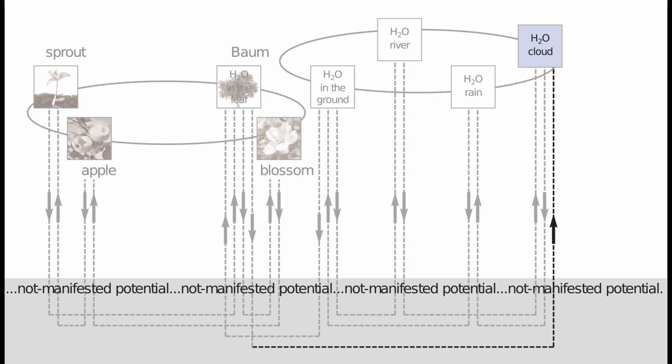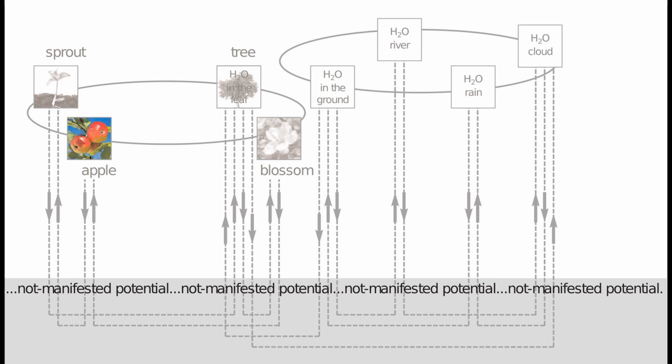What looks to us like a flow of water is actually a sequence of ever new H2O molecules that continually emerge from the not manifested potential. This is similar to a movie where the flashing of individual images become an uninterrupted movement in our perception.